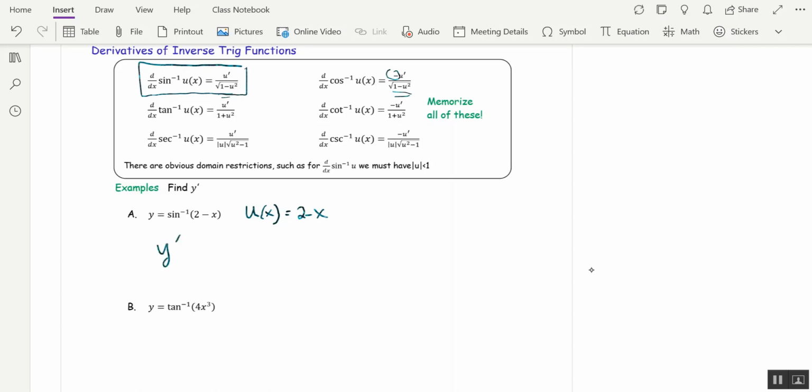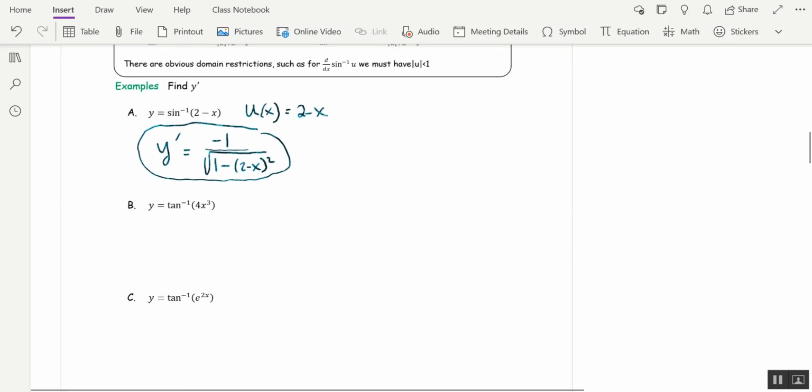So y prime is u prime, which is -1, over the square root of 1 minus u squared, and that's 2 minus x quantity squared. I could multiply that out, but I think it's a lot cleaner just to leave it the way it is. The next two we will simplify.